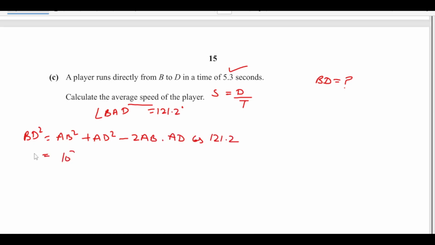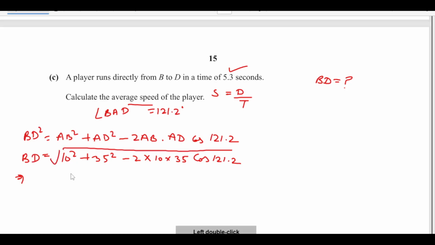So this is 10 squared plus 35 squared minus 2 into 10 times 35 and cos of 121.2. From here when you calculate BD, you have to take the square root of this, plug in all the values directly, then we will get BD as 41.09. So this is the distance, right?